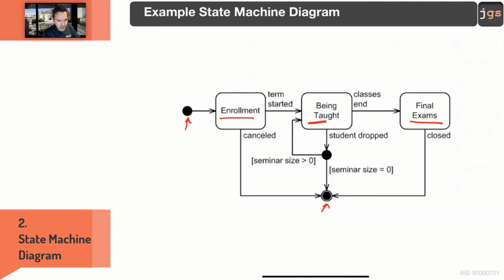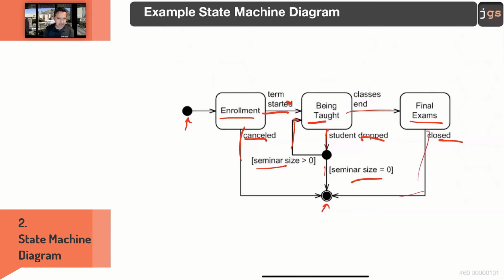The values for the class. You can notice every single line, all these lines have some kind of text. The text is the condition, the situation that is going to allow going from one value to the other.